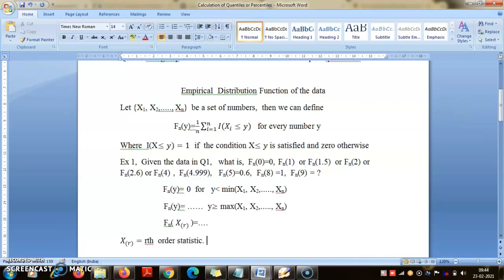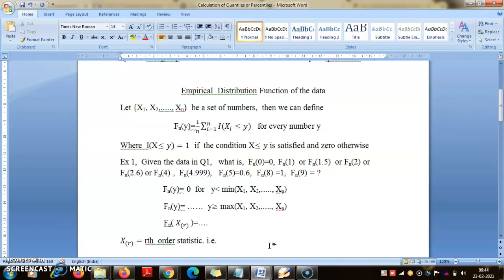That is, if I sort the numbers x1, x2, ..., xn from minimum to maximum in increasing order from left to right, xr would be that value which will be in the rth position. That means what proportion of the data will be below it. So r numbers are less than or equal to xr, and n minus r numbers will exceed it.